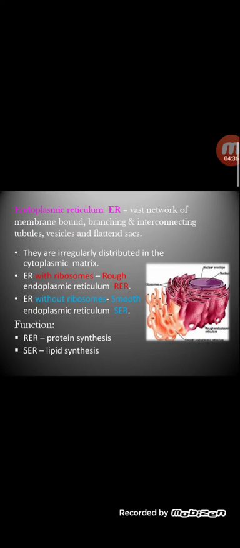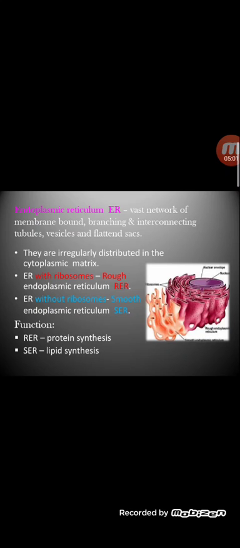First one is endoplasmic reticulum, also called ER. It is a vast network of membrane-bounded branching and interconnecting tubules, vesicles and flattened sacs, and they are irregularly distributed in the cytoplasmic matrix around the nucleus.